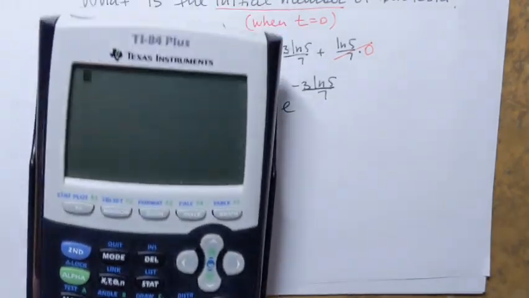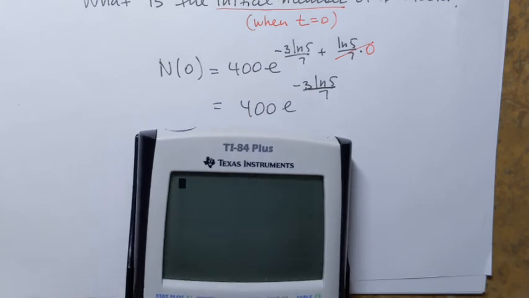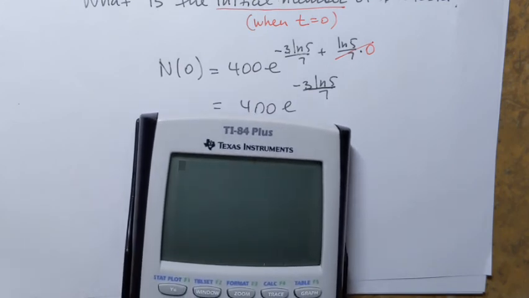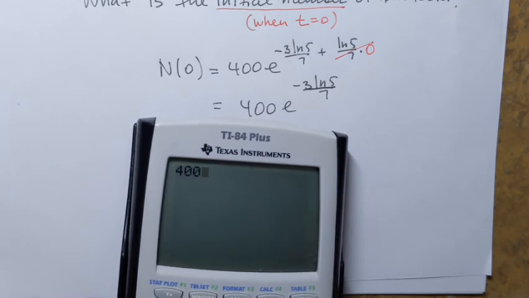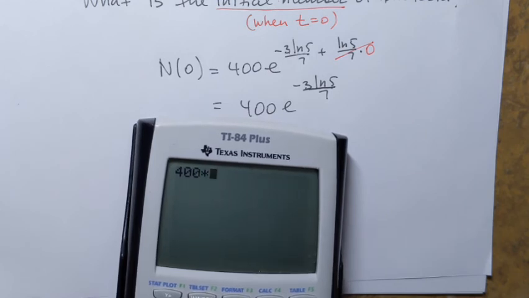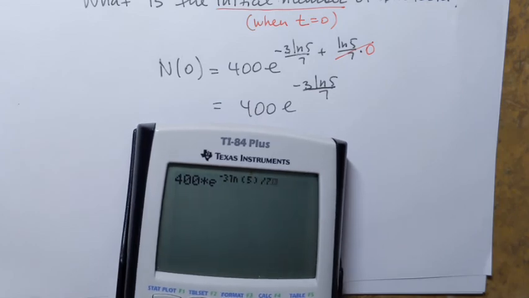Here it is. So hopefully you can see, but I will be literally typing this whole expression into my calculator. So 400 times e to the power, and then the power itself is -3 ln of 5 divided by 7.